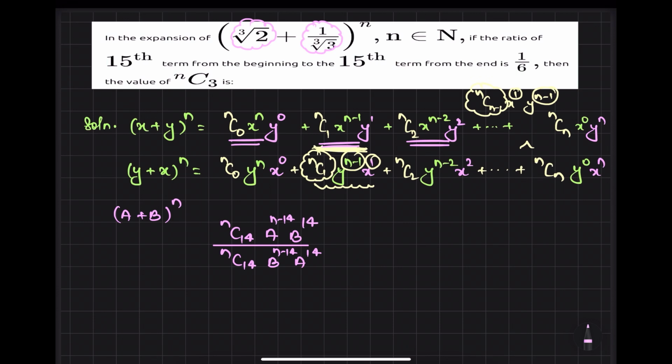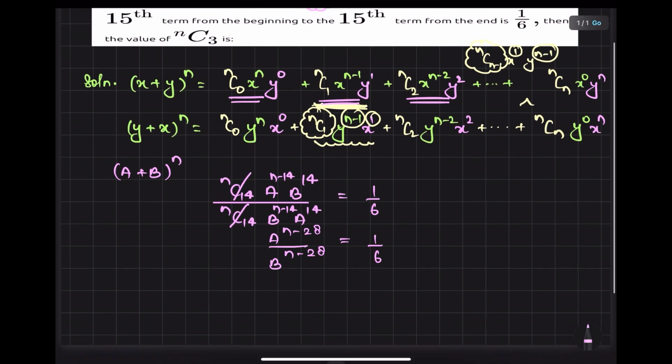Correct or wrong? Okay. Now look at this. According to us the ratio of the 15th term from the start and the end is this, but according to the question it is 1 by 6. Now let's do the simplification. So this thing is gone. Now let's send a to the numerator and b to the denominator. So it becomes a power n minus 28 by b power n minus 28 equals 1 by 6.